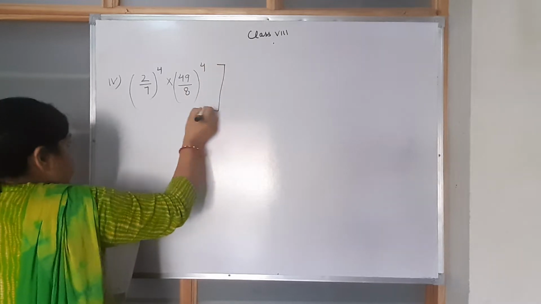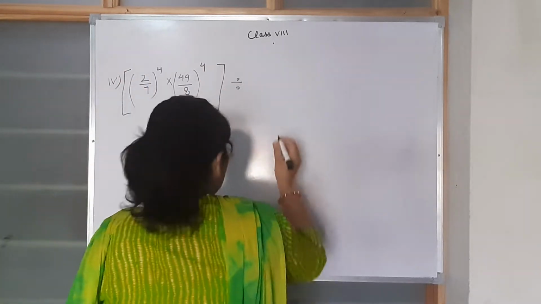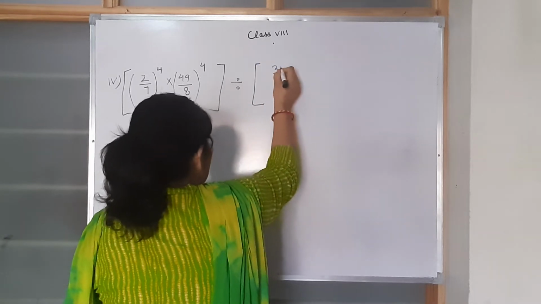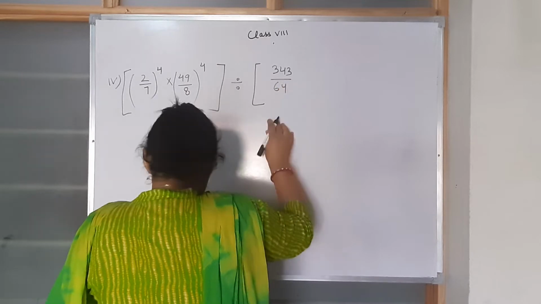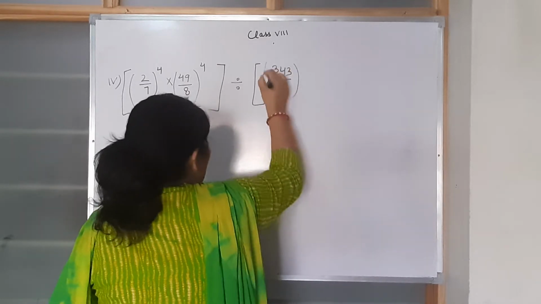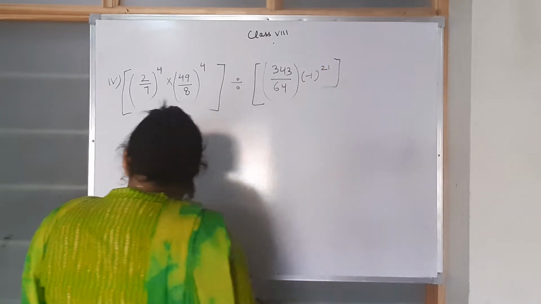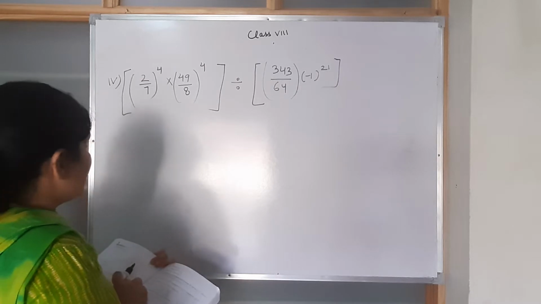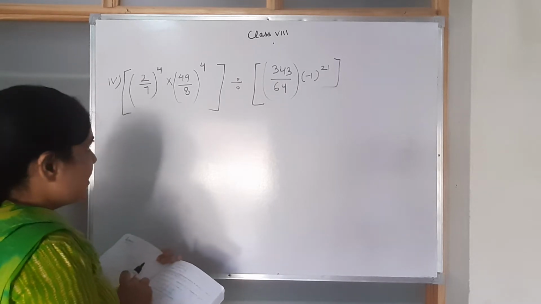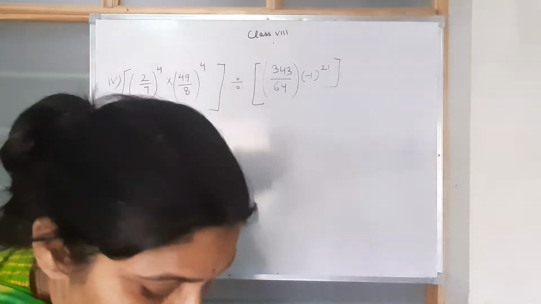Then we have a bracket and then divided by 343 upon 64, raised to the power 1, minus 1 raised to the power 21. Now again checking the question, it is 2 upon 7 raised to the power 4 into 49 upon 8 raised to the power 4 divided by 343 upon 64 raised to the power 1, minus 1 raised to the power 21.